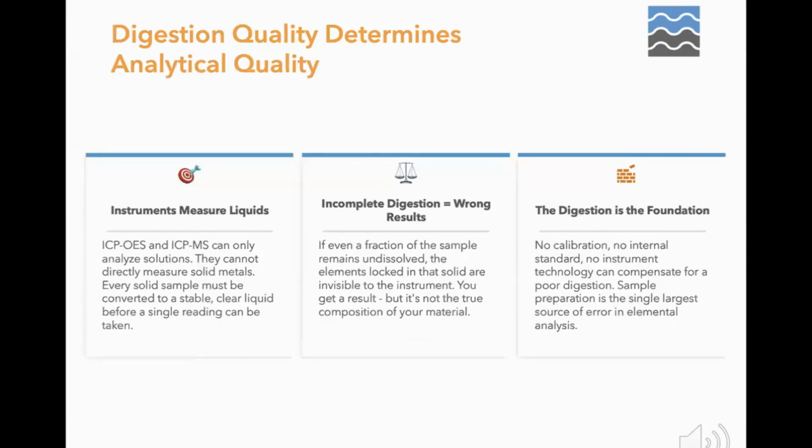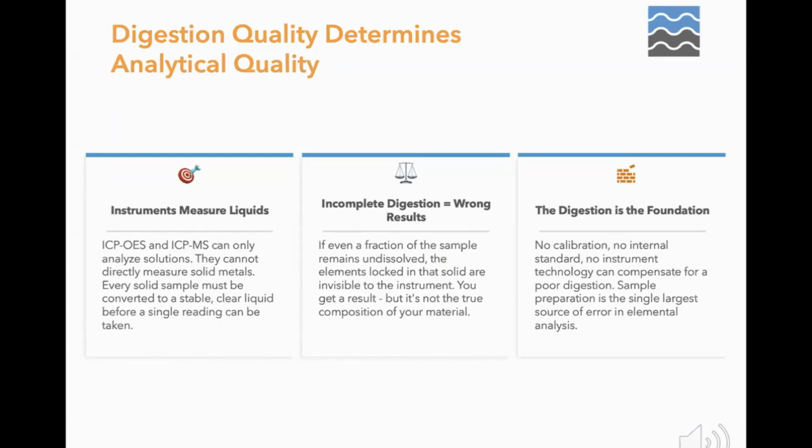Now, we're aware that an OES or a mass spec is really only able to analyze what is in solution. So if you're going through the sample digestion process and even a fraction of your sample remains undissolved or locked in solid form, that's going to be invisible to the instrument and you're not going to get great results. So sample digestion is really the foundation here.